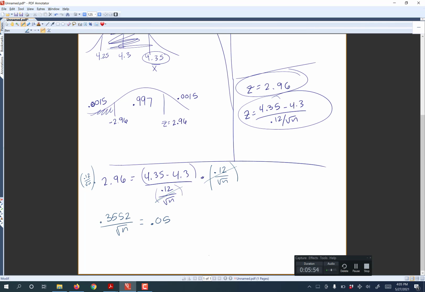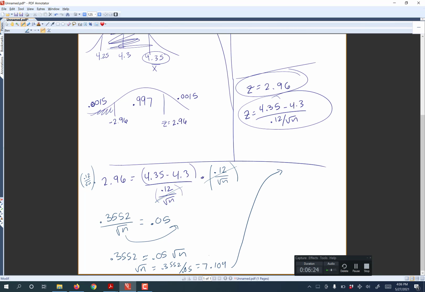So at this point I could multiply both sides by the square root of n. So 0.3552 equals 0.05 square root of n, and then divide again. So the square root of n equals 0.3552 over 0.05, or 7.104.